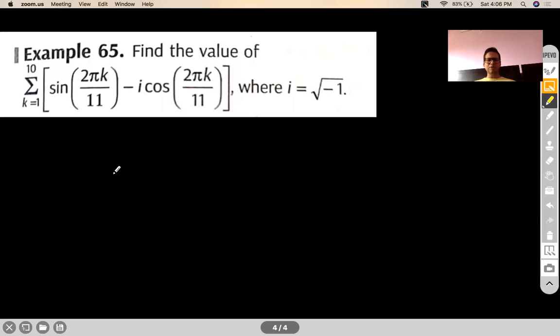Find the value of sigma k equal to 1 to 10 of sine 2k pi by 11 minus i cos 2k pi by 11. So let's try to solve this question. Let me see who is able to answer this. Please put your response on the chat box.